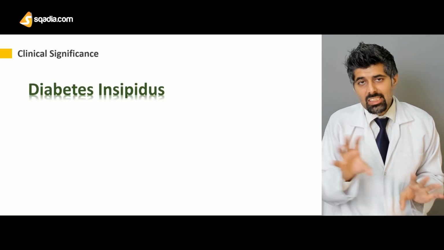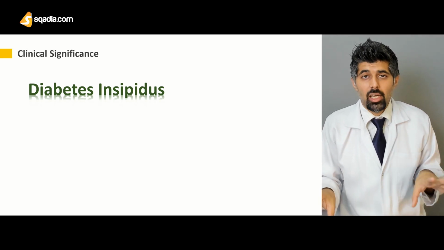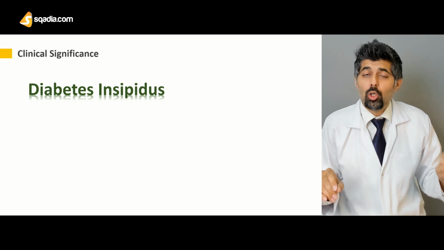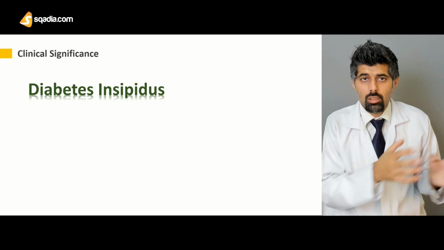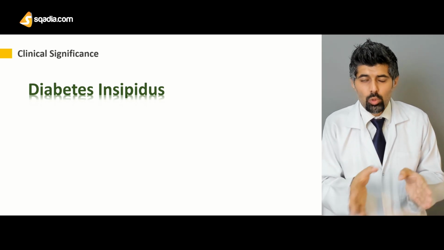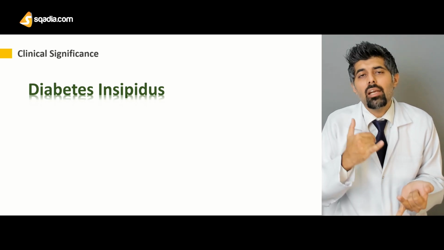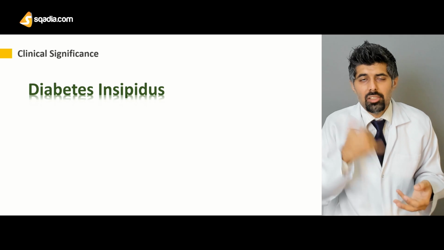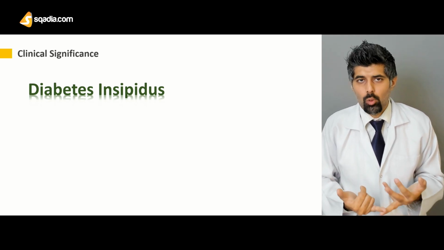Now, diabetes insipidus is a very different condition from diabetes mellitus. It is called diabetes because it shares two of its symptoms with diabetes mellitus: it causes polyuria and it causes polydipsia, that is, an increased amount of thirst and an increased amount of urine outflow.